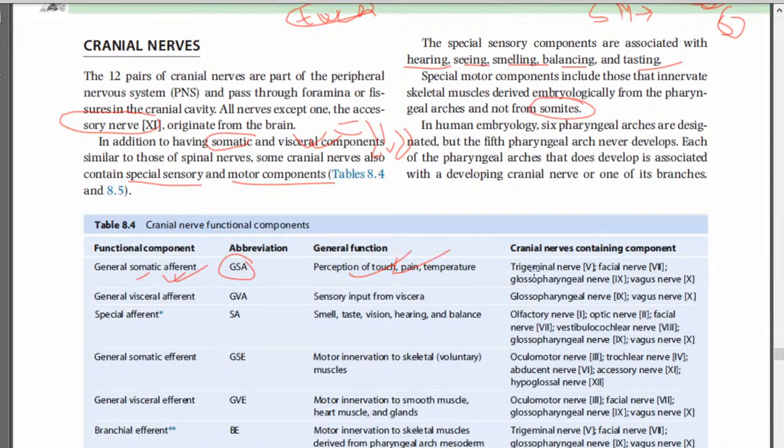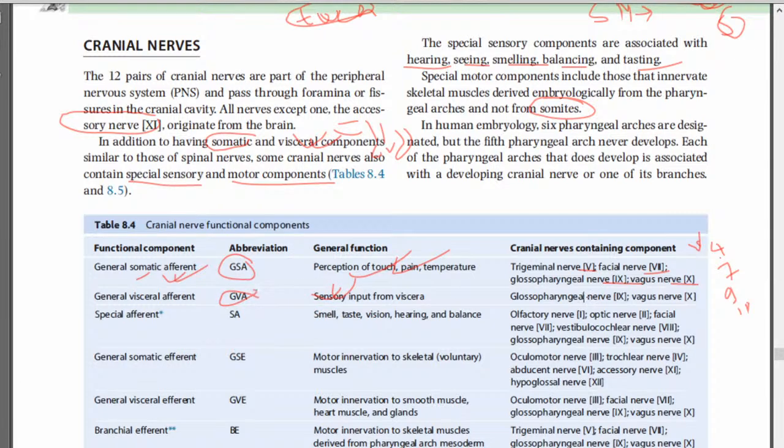The trigeminal nerve, which is nerve V, the facial nerve, which is nerve 7, and the glossopharyngeal and vagus nerves, 9 and 10, all have the GSA component. Next, the general visceral afferent component is sensory input from the viscera.